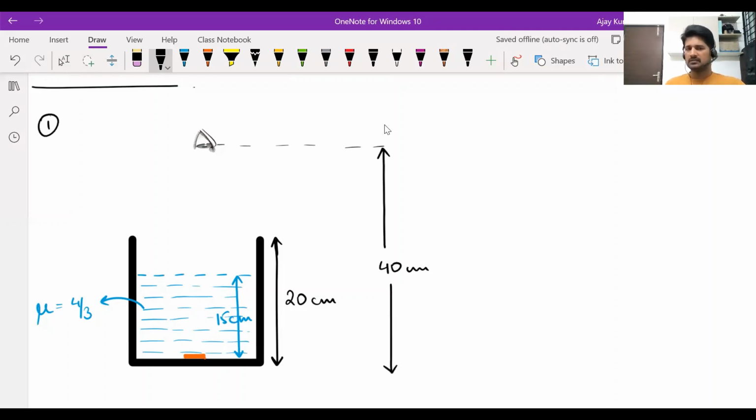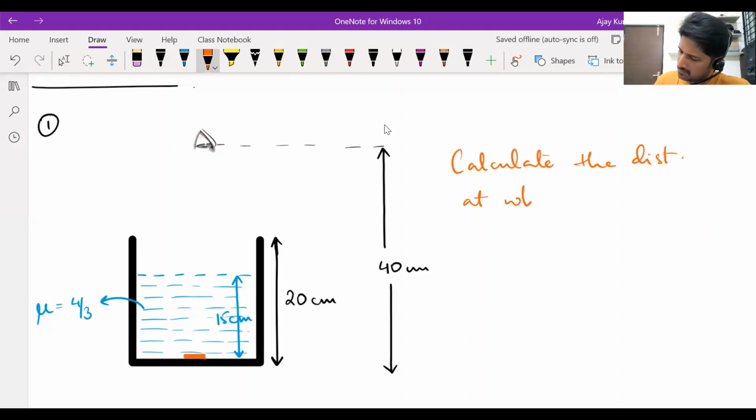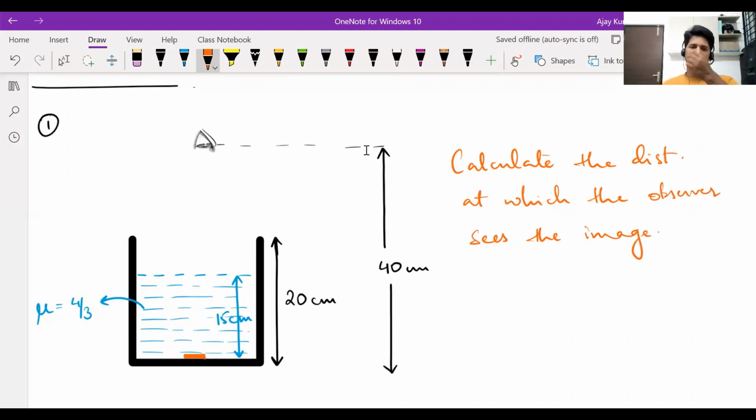Calculate the distance at which the image appears to the observer. Distance from where? Distance from the eye itself. Okay, you have to find out. Try this.